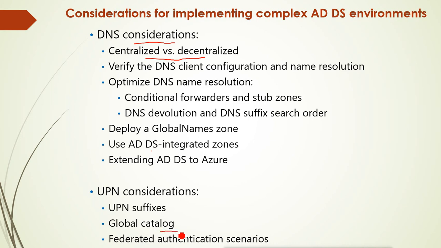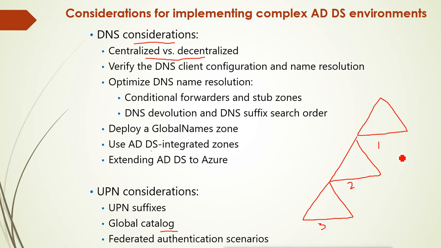Now the UPN suffix. Suppose we have this domain here, domain 1, and we have the child domain here, domain 2, then a child domain here, domain 3. Now we have the tree domain here, let's say A. Then for this tree domain we have child domain B, then a child domain C here.